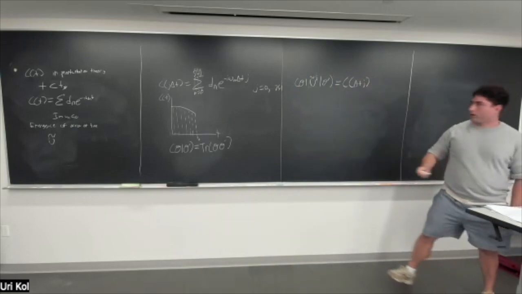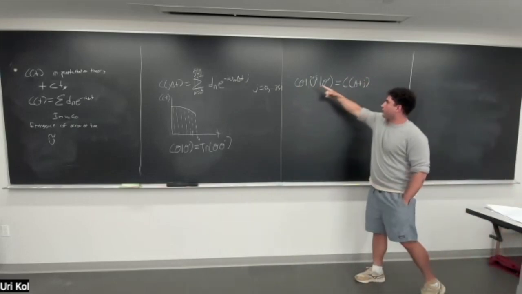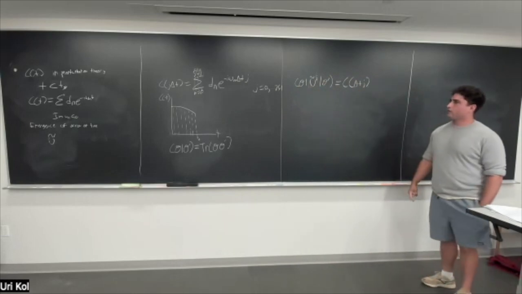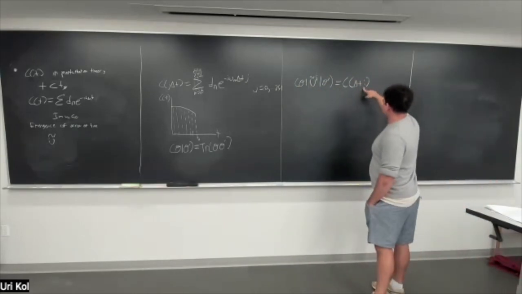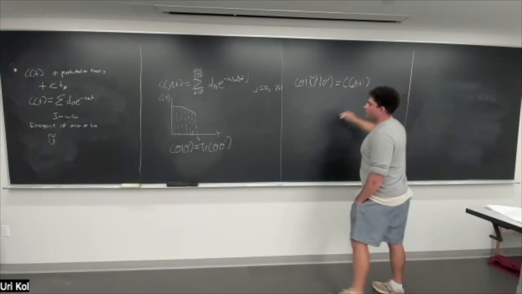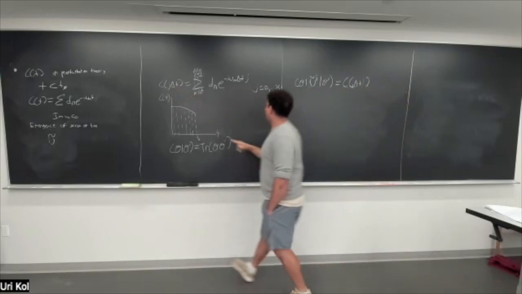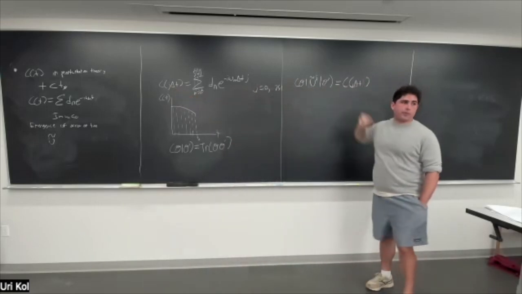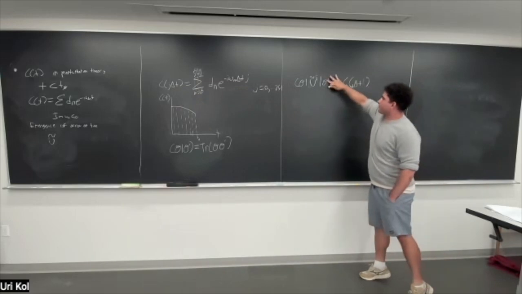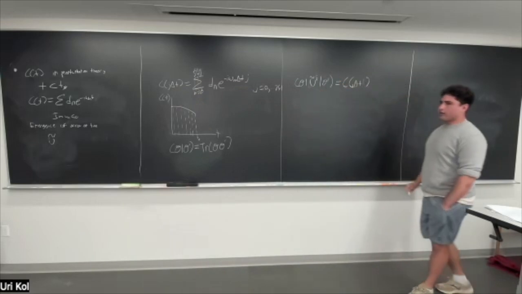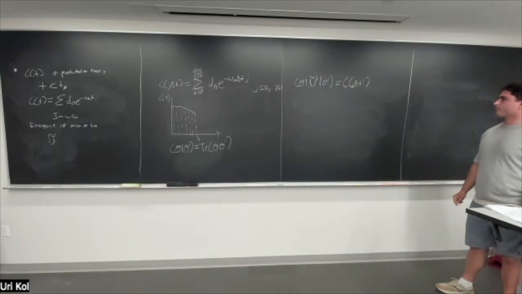I want this operator to satisfy this identity. So this is C of j times delta t, which is this quantity, and this is the jth power of U tilde.